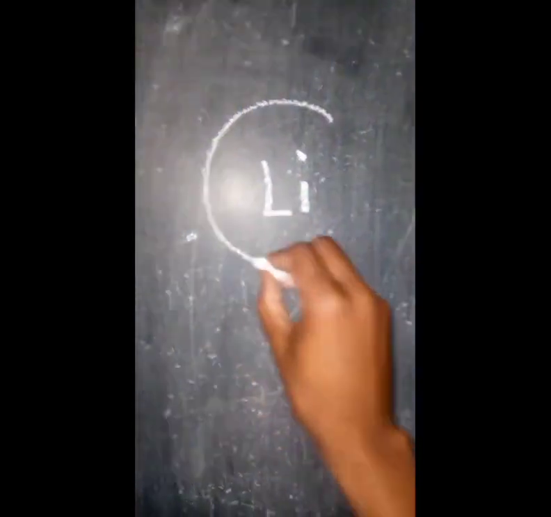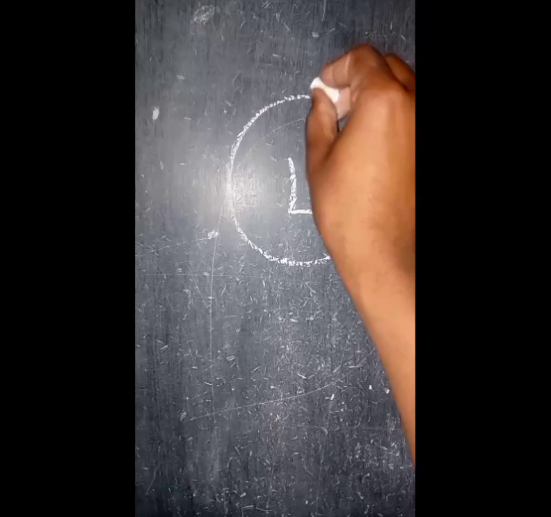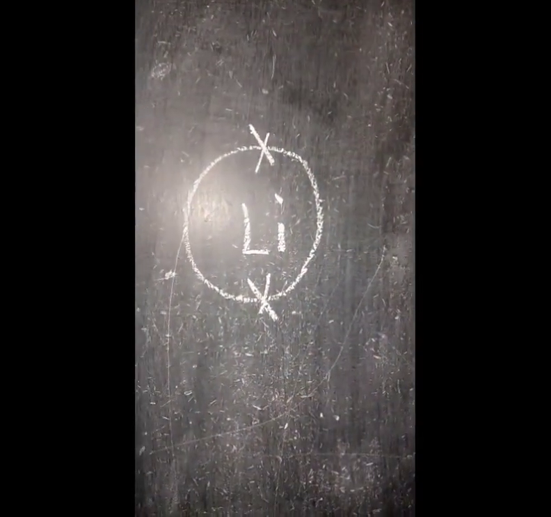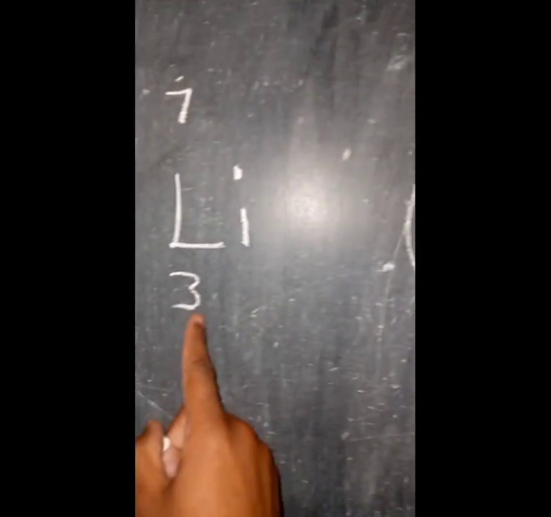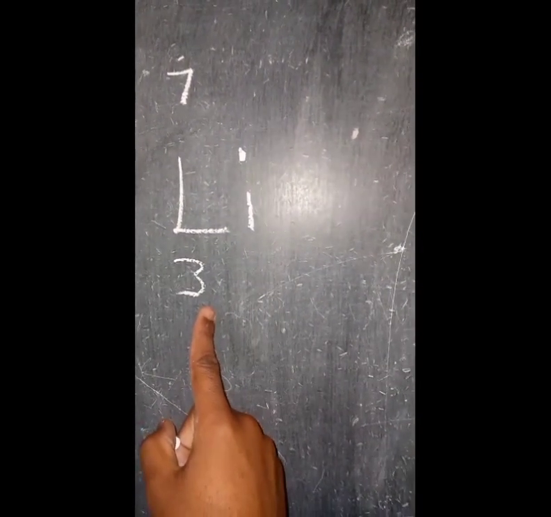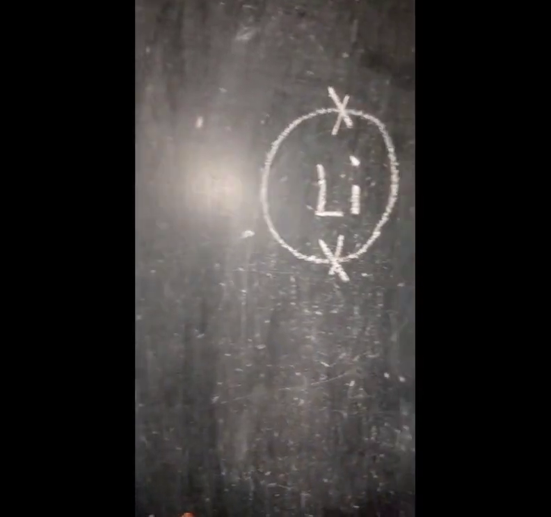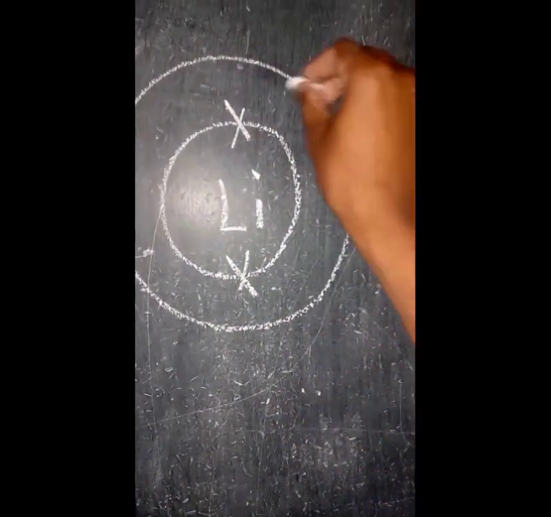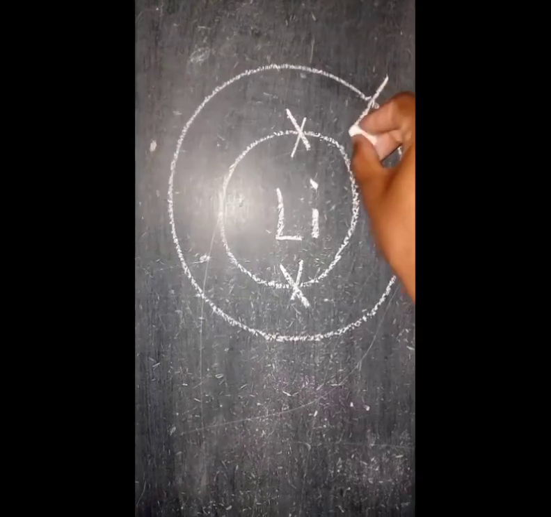This can be the first shell, and we are going to have 2 electrons. We have 2 electrons from 3 electrons. How many electrons are remaining? Only 1 electron is remaining, and that is going to go in the second shell there.